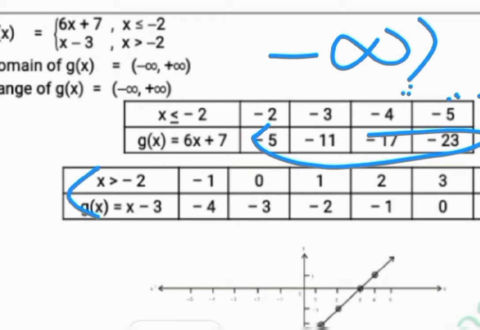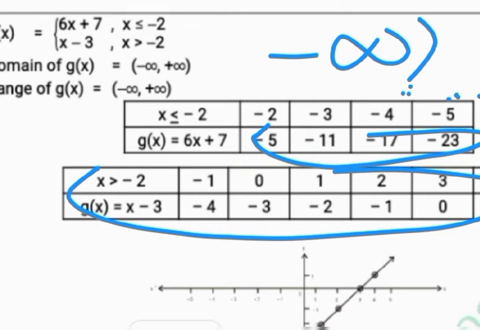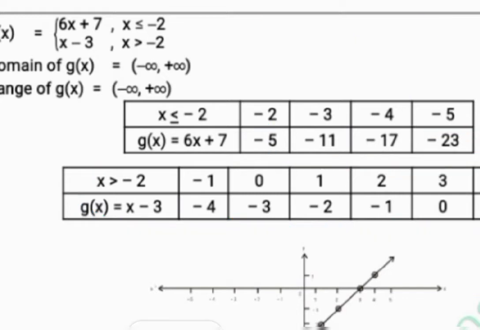And in this function you see that after -4 there is -3, -2, -1, 0, 1. This value is increasing and it will end at infinity. So range is -infinity to infinity.